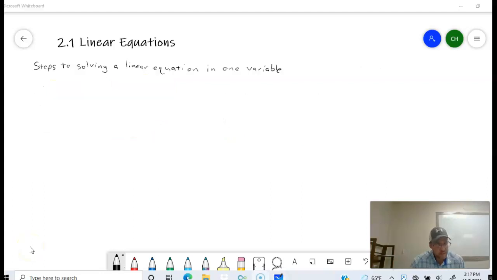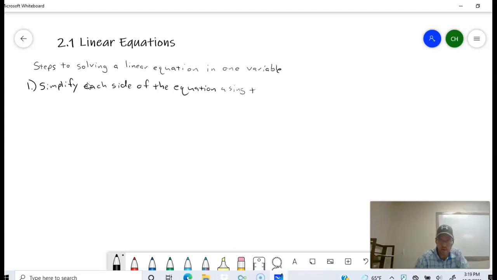Alright, so we've got 4 steps when it comes to solving linear equations in one variable. Number 1 is we're going to simplify each side of the equation using the order of operations.